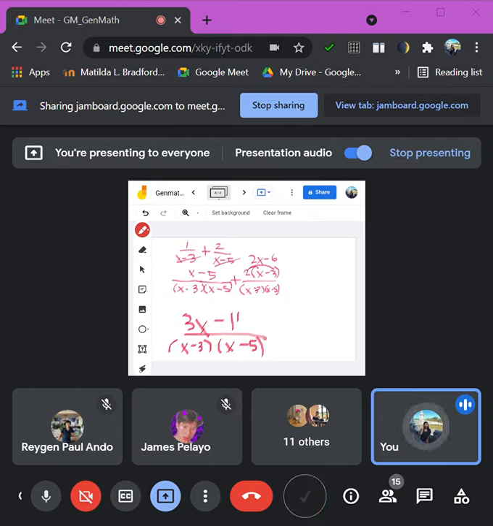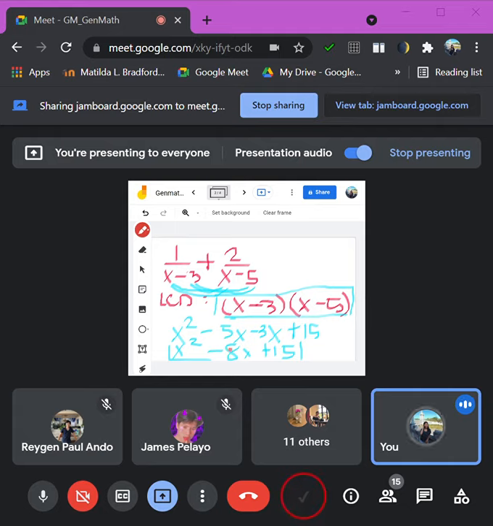So whichever you choose, this one or the one I gave earlier, you end up here, because this is more of the simplified way. We are going to do the FOIL method.